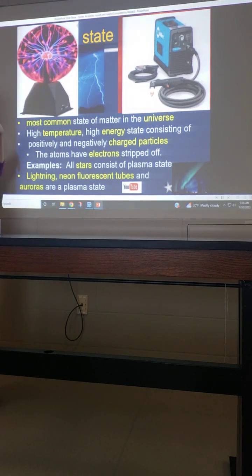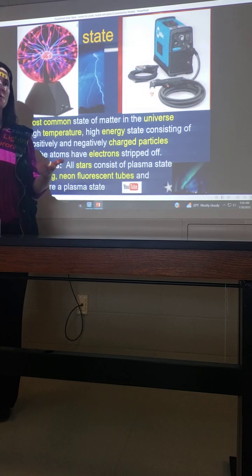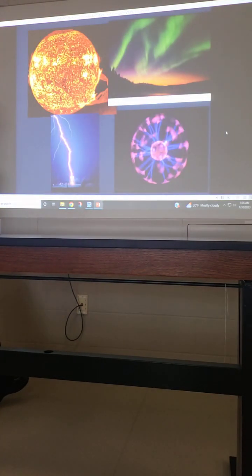So basically you're making a temporary, they call them plasma balls. We can use the plasma state and we understand it has uses here on Earth. But again, it's most prevalent out in space in our stars. Just some more pictures. Okay.